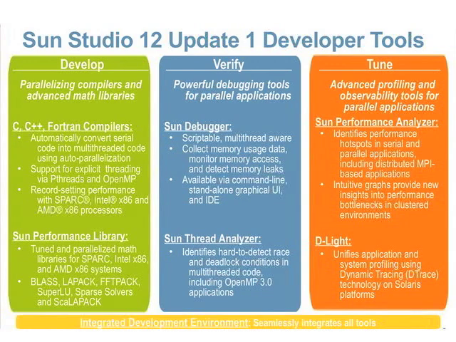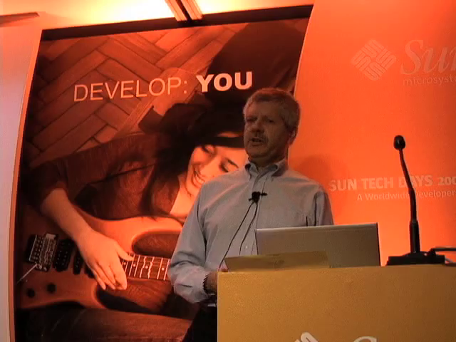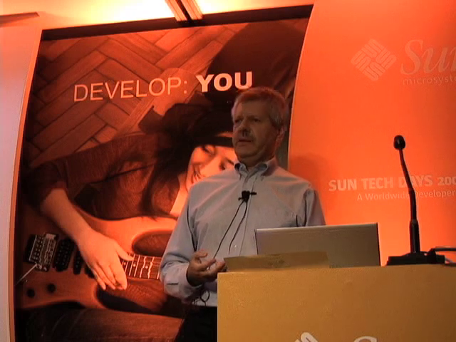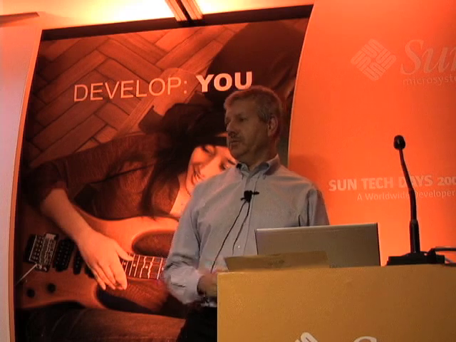Sun has two features that it's particularly proud of in its compiler. Number one is because we also make hardware, we make sure that the compiler generates as good code as possible. And because we make SPARC machines and Intel machines and x86 machines, we want to make sure the performance on all three of those platforms is very good.